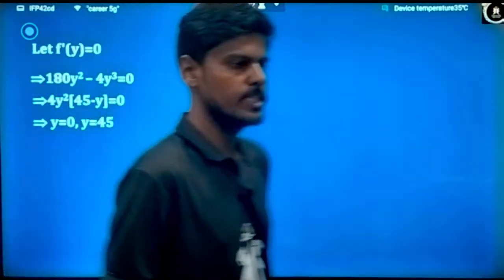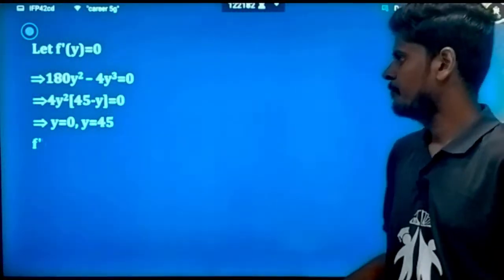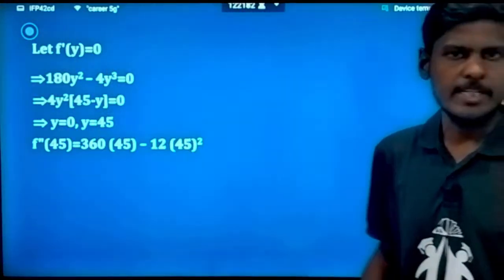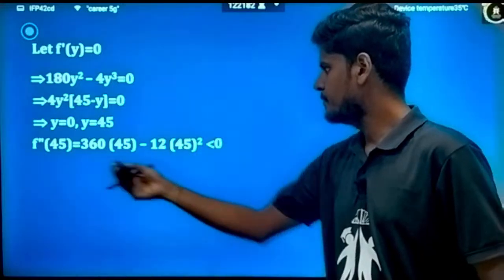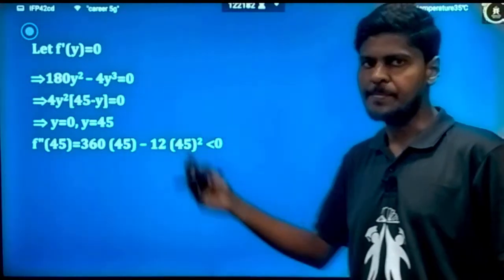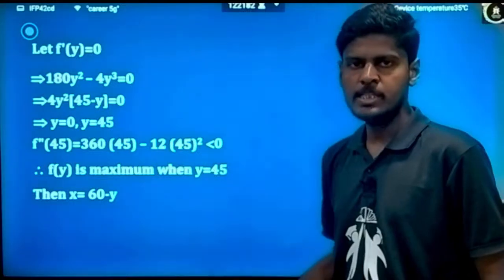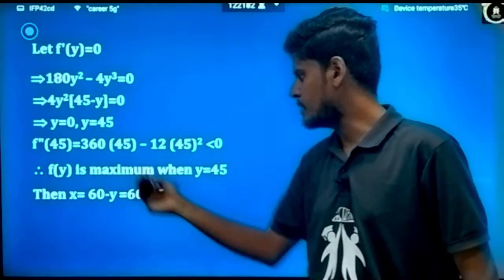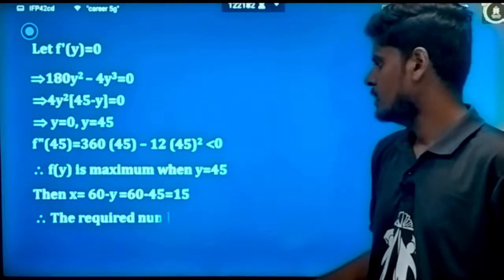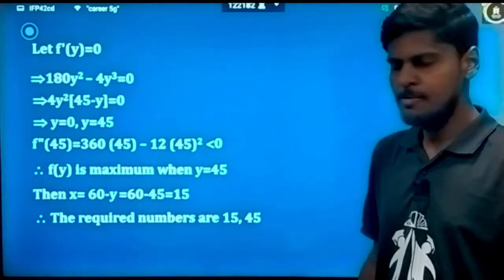So y is equal to 0 or 45. Now what is f double dash? f double dash will be a negative number, that means it is a point of maximum. So y is equal to 45, then x will be equal to 15. So the required numbers are 15 and 45.